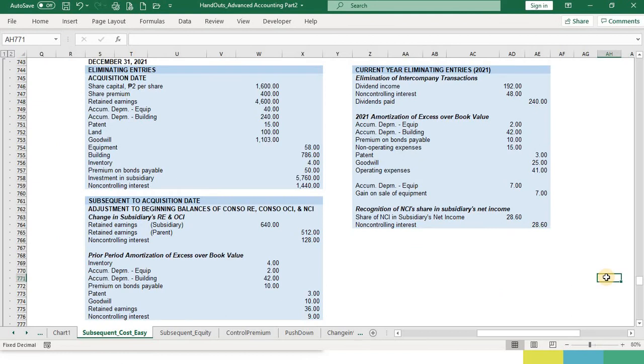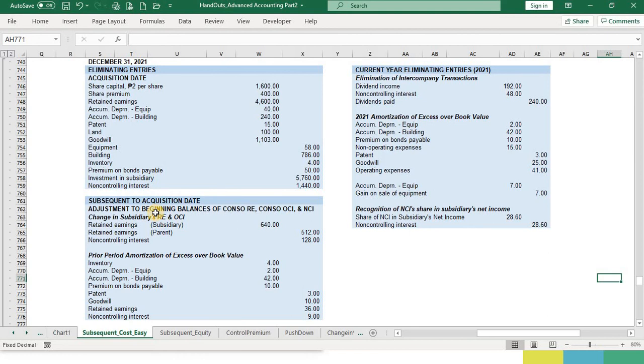So to summarize the eliminating entries, these are the eliminating entries that we prepared on December 31, 2021. So first is the eliminating entries at acquisition date. Then, subsequent to acquisition date, before we prepare the current year eliminating entries, we recognize all the changes in the retained earnings and other comprehensive income of the subsidiary.